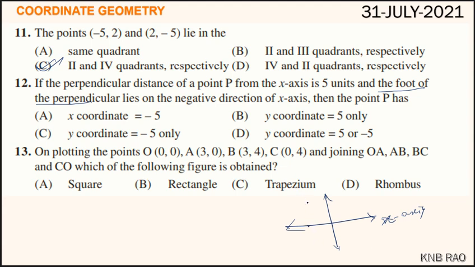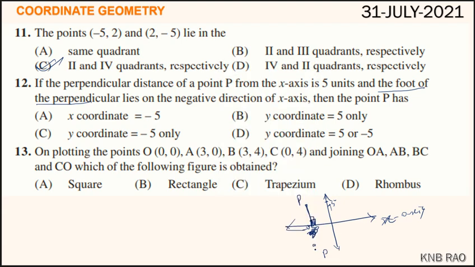So if I consider a point P here in the second quadrant, 5 units away from the x-axis, then 5 units away from the x-axis means here is 5. The foot of the perpendicular lies not here, it's in the negative direction. In the negative direction it is, or it can be from this side also.